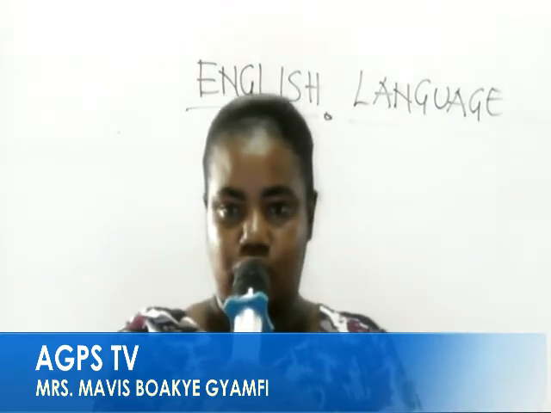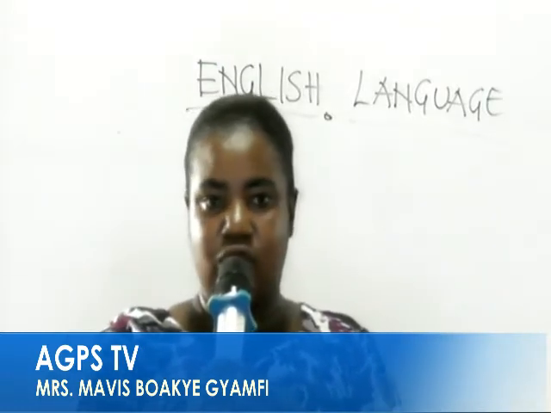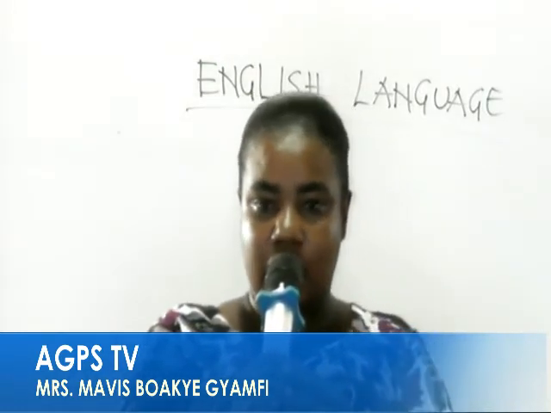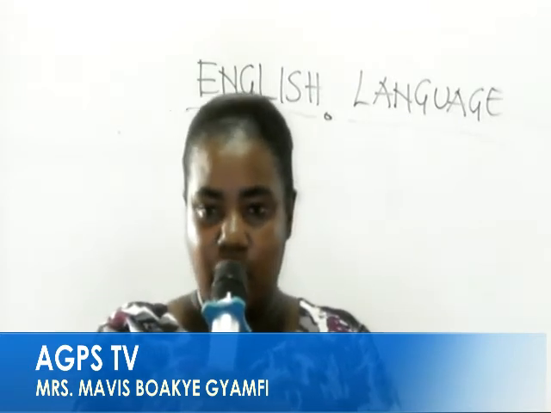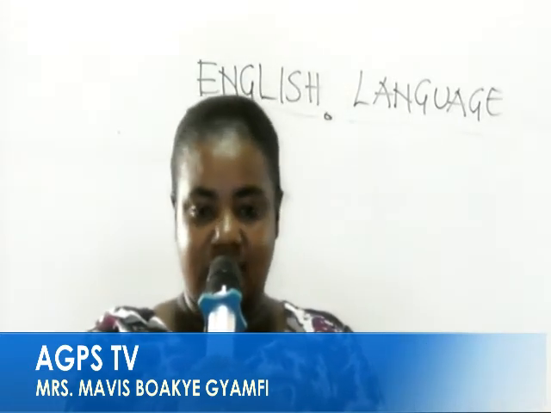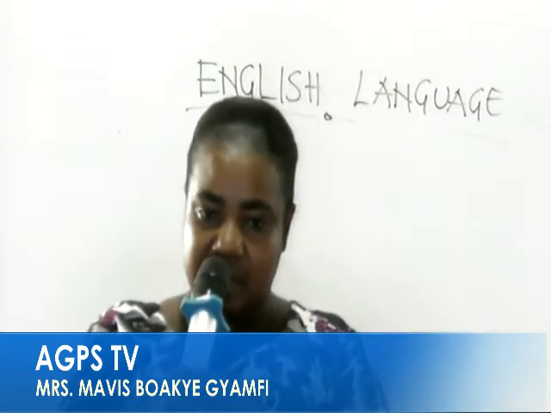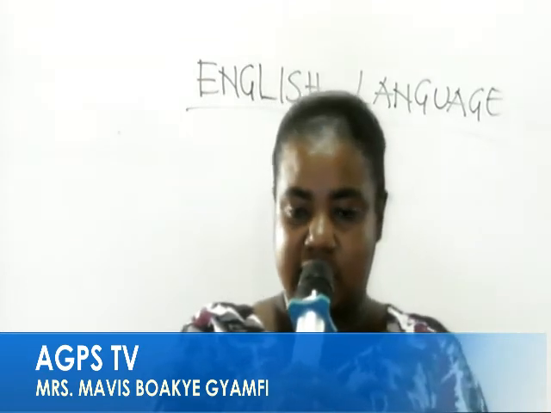Then we moved on to subordinating conjunctions, that is conjunctions that join dependent and independent clauses together. Then we moved on to the last one, correlating conjunctions, that is conjunctions that work in pairs. And we gave some examples, and even tried our hands on some.